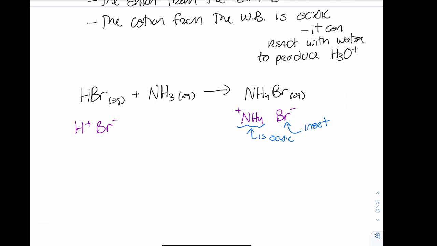So if we look at a net ionic equation for this, what I really have is Br minus, and if you were to put it in water, we would have to include that with the NH3, going to NH4Br. My Br minus is my spectator ion. It's going to get canceled out. It's inert. It is not changed.